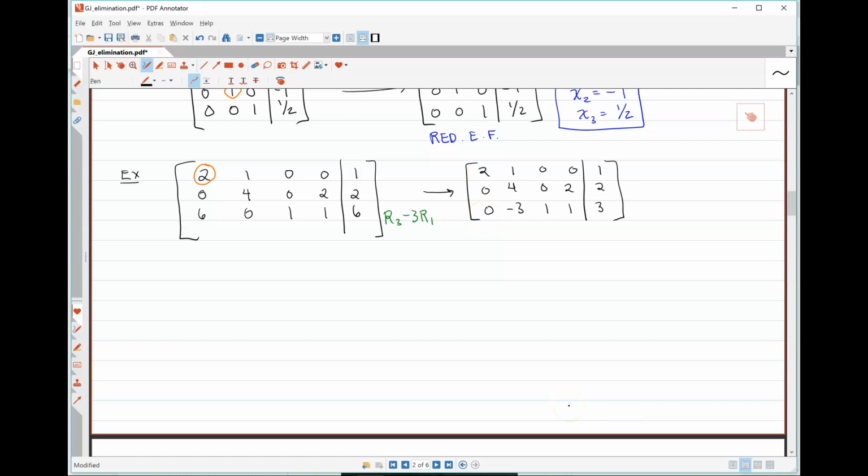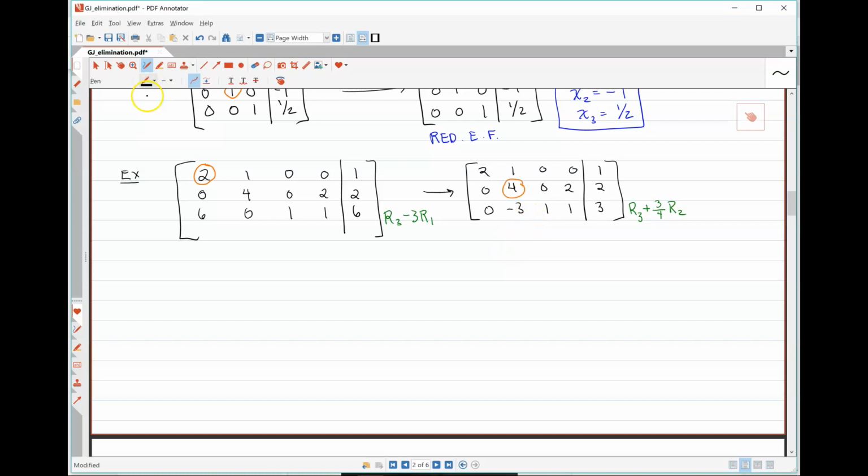And now we need to move on to the next pivot. To zero out the entry below it, we'll need to take row 3 and add to it 3/4 times row 2. And again, recall that to get this 3/4, I'm just thinking about what I need to multiply 4 by so that when I add it to -3, I'll get 0.